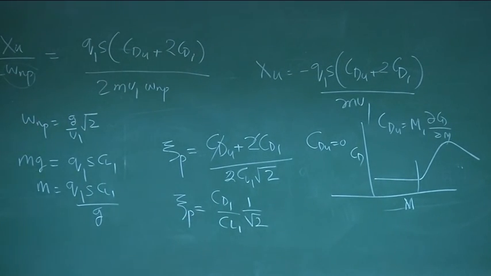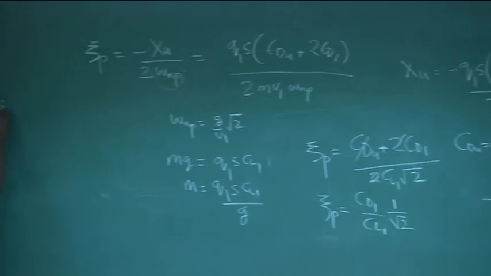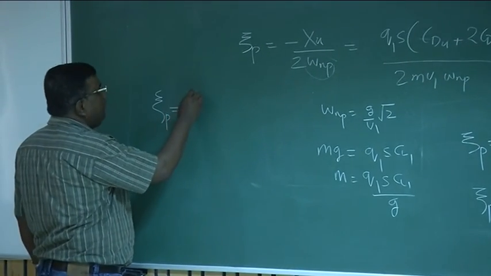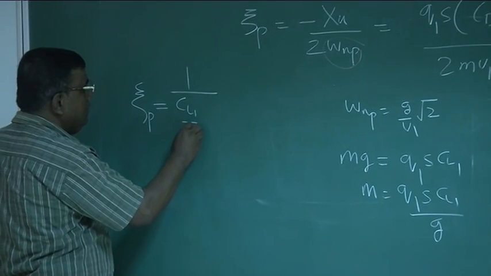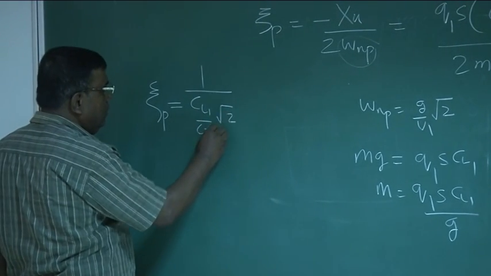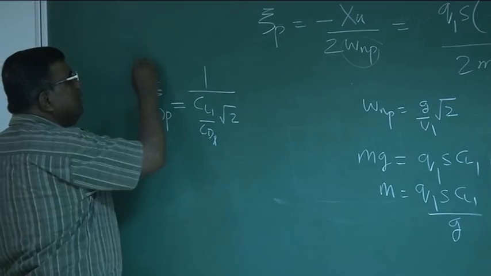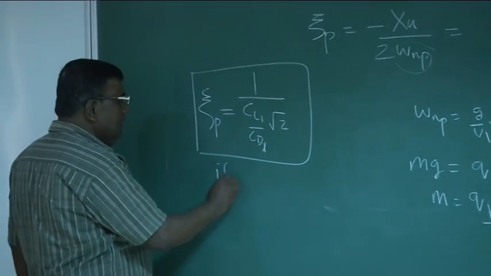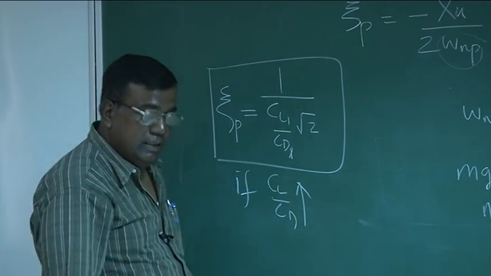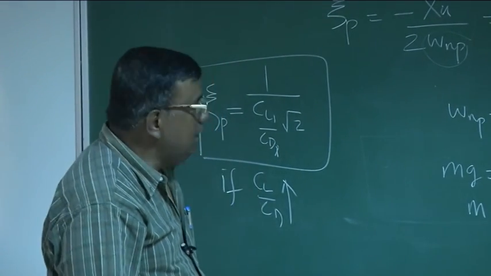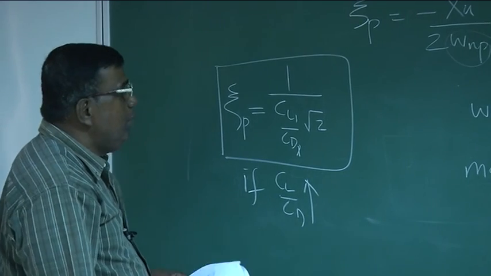What is so important about this expression? It is not a very good approximation, but still let us use it: zeta P equals CD1 by CL1 times 1 by root 2. It tells you that if CL by CD is large, which is essentially true for gliders, or in general when you try to get CL by CD large, you should be careful.